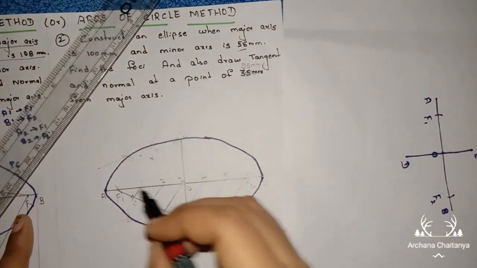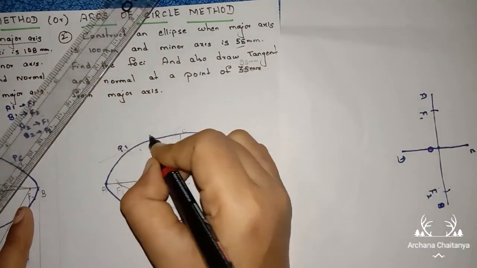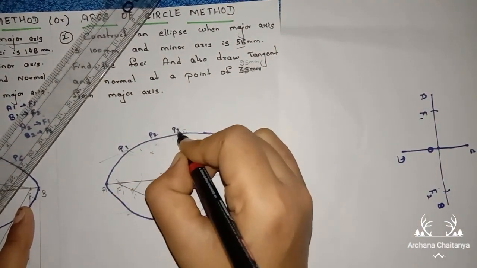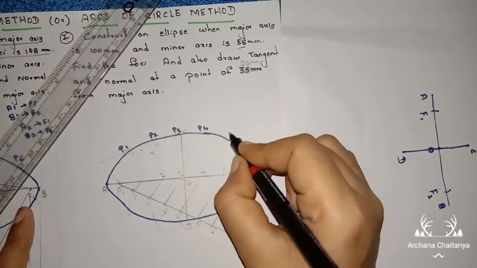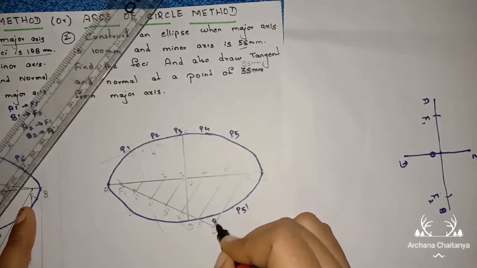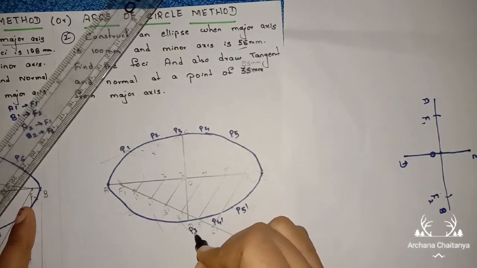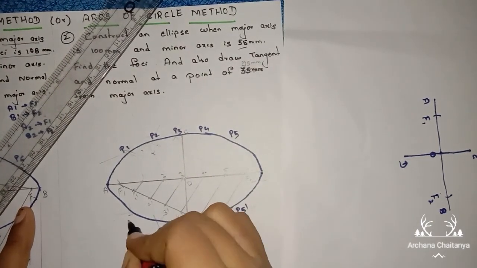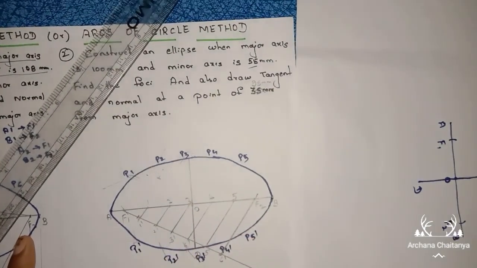Right? So after that, write down here P1, P2, P3, P4, P5, and here P5 dash, P4 dash, P3 dash, P2 dash, and here P1 dash.